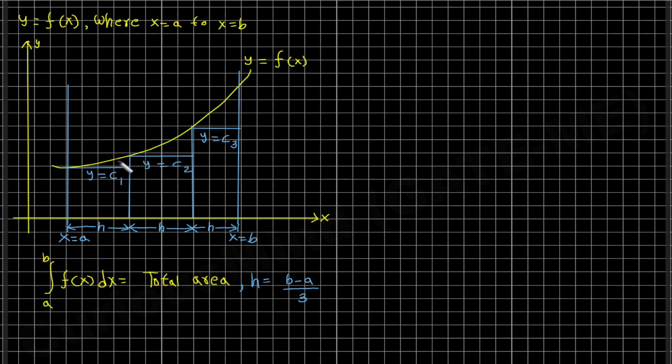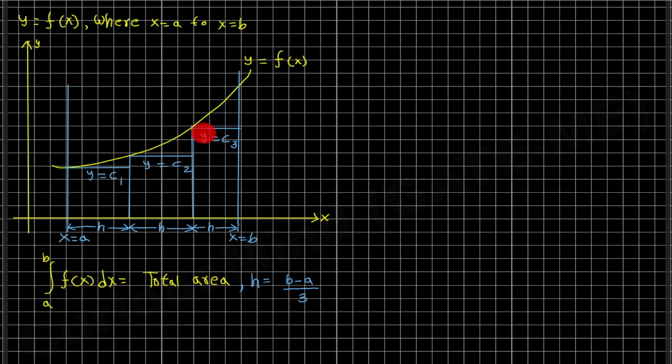So basically we replaced this curve of the function f(x) with y equal to c1 for this interval, and we replaced y equal to f(x) with y equal to c2, right? Where c2 and c1 are constants in this interval.